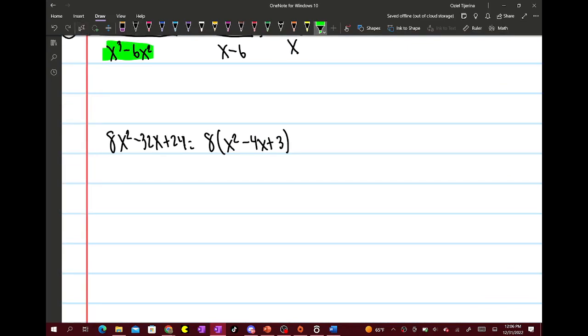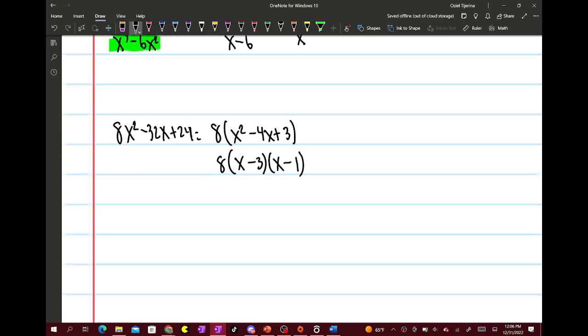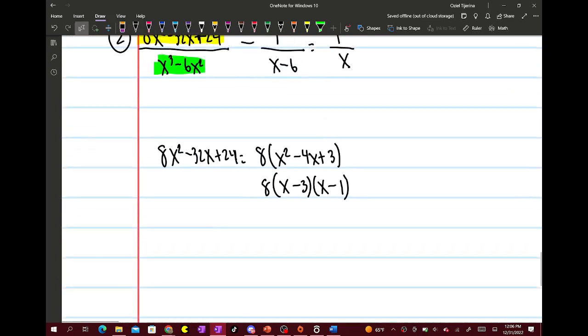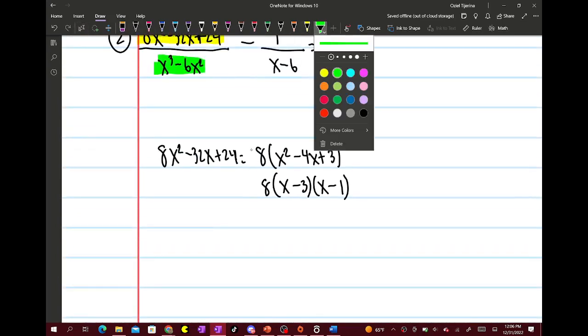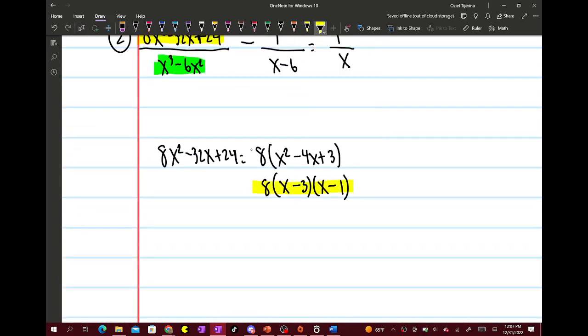And we know that that itself is going to be equal to 8 times x minus 3 times x minus 1. So that's what that one would be, right?